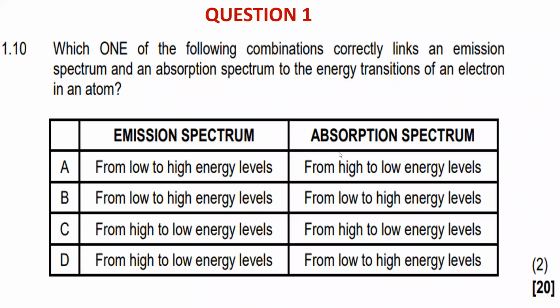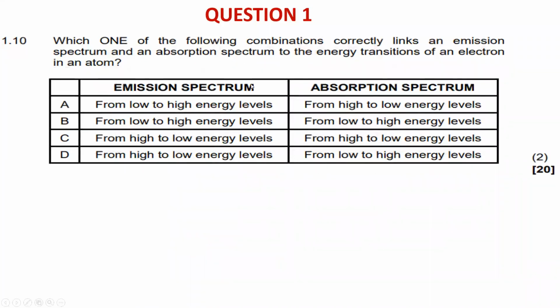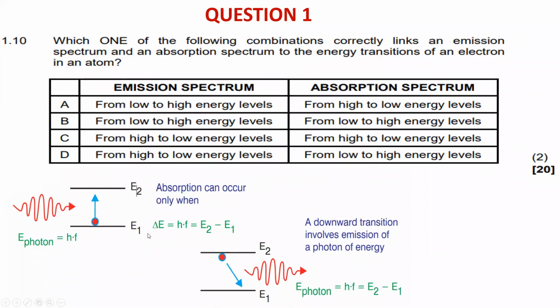All right, maybe we can show our energy levels diagram, and then you are going to get it. Let's continue. This is our question, emission spectrum, absorption. Let's see our diagram. Yes, energy levels here.